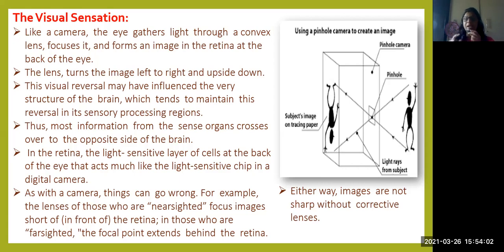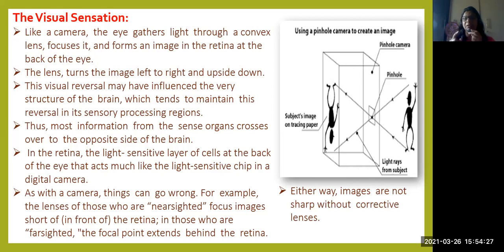Either way, images are not sharp without corrective lenses. If you have far sight or near sight, there is a need for correction. Far sight means the image forms behind the retina. Near sight means it forms in front of the retina, but not on the retina.